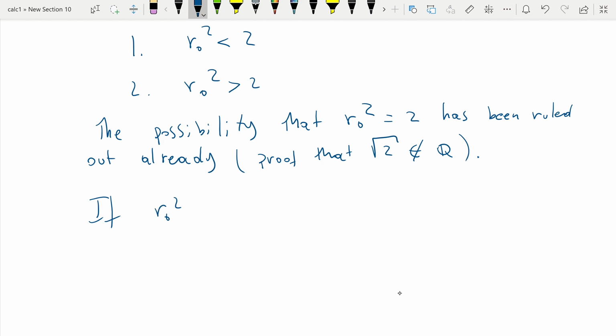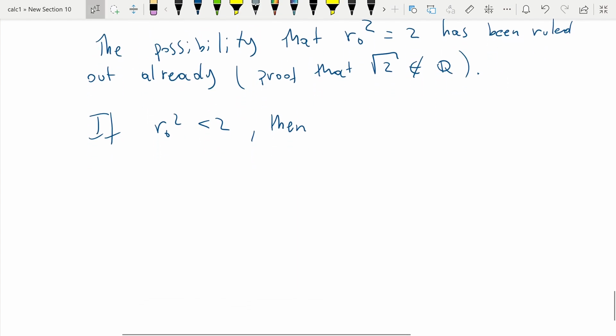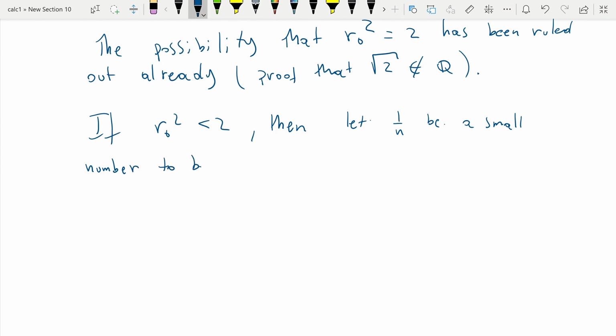If r naught squared is less than 2, then let 1 over n be a small number to be fixed later, where n is in the natural numbers.